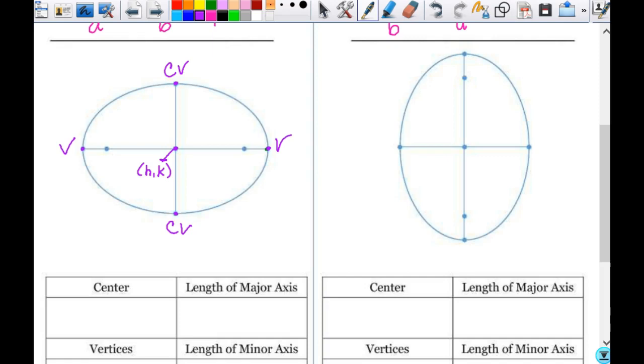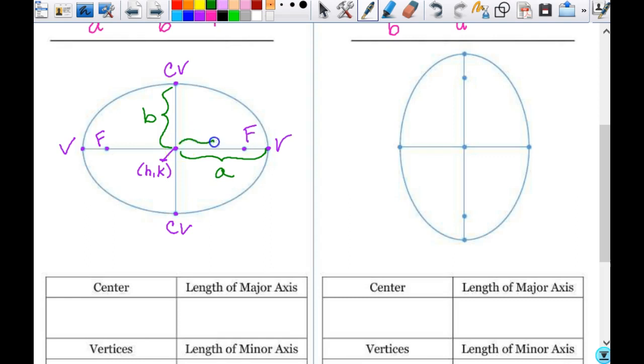All right, so then this length here from the center to a vertex, what is that distance? A. And then the distance from the center to the co-vertex is b. Then these points here are our focus points, right? So that's a focus, and that's a focus.